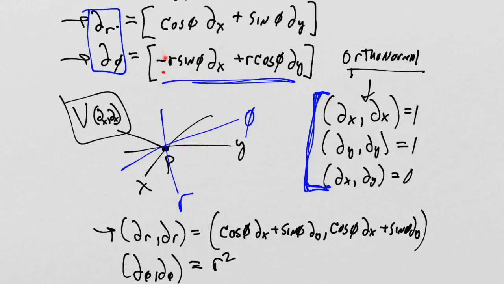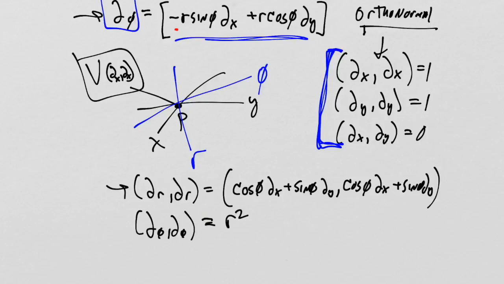This one is going to combine with another. I'm going to put this in the left-hand slot and this in the right-hand slot. So the only things that survive are minus r sine phi times itself, which is r squared sine squared phi, and r squared cosine squared phi. So you end up with r squared times sine squared phi plus cosine squared phi, which is 1, so you end up with r squared. So this one here is not normal.